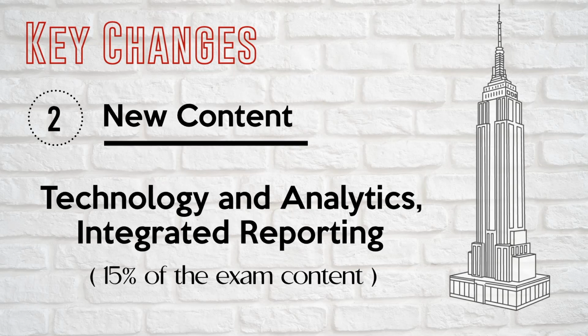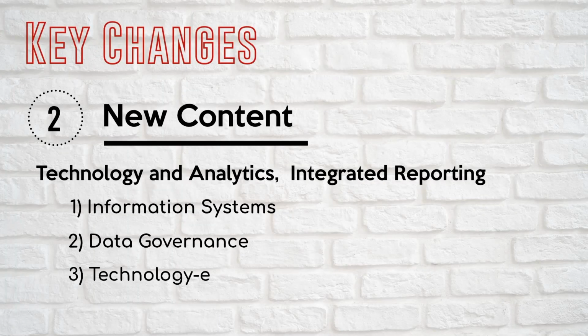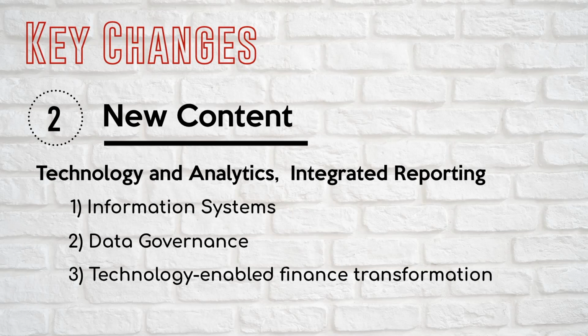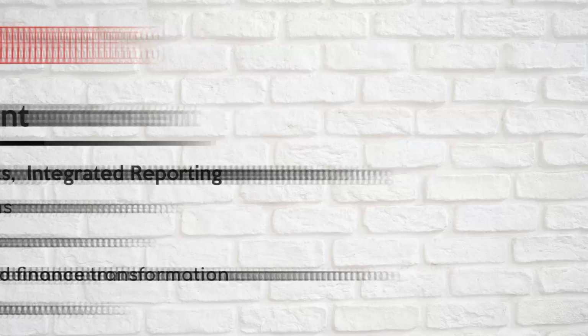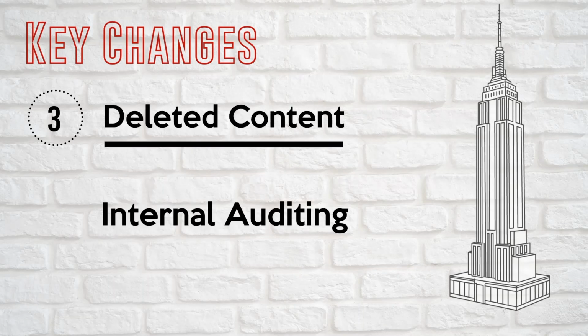This section will comprise 15% of Part 1 and will test new topics like information systems, data governance, technology-enabled finance transformation, and data analytics. The IMA deleted the internal auditing section in Part 1 exam.